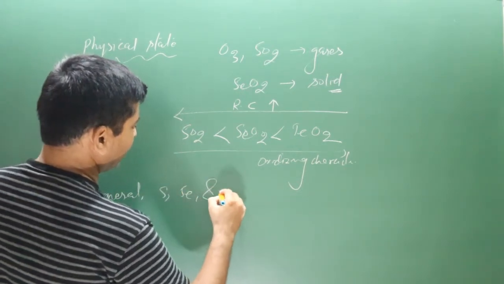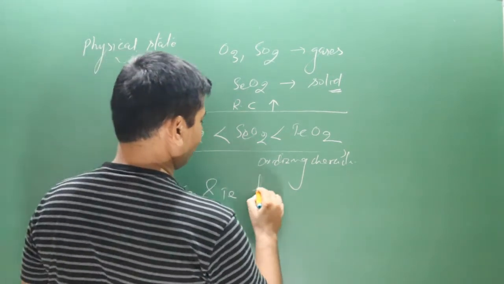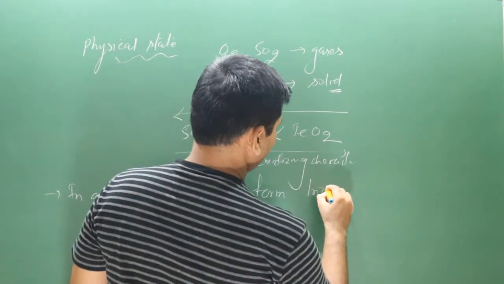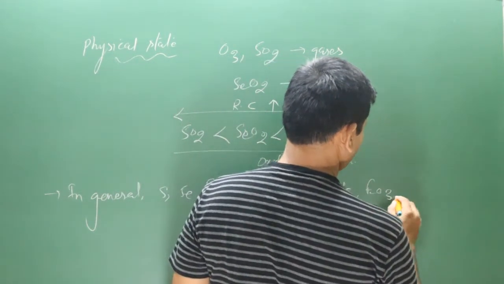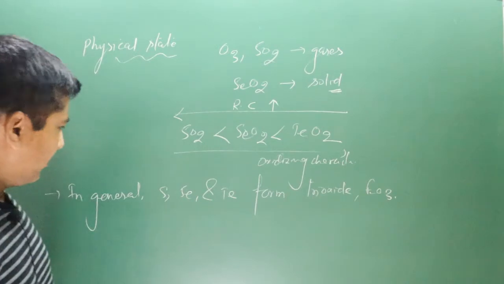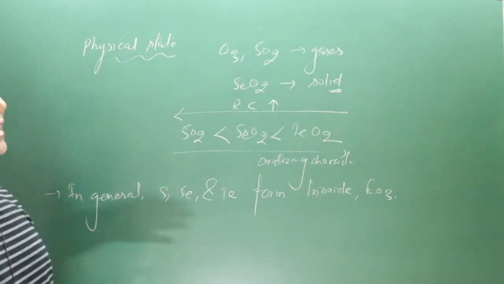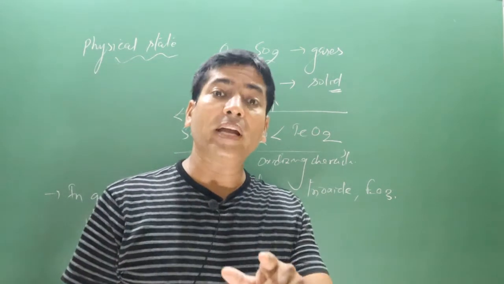In general, sulfur, selenium and tellurium form EO3 type oxides, trioxides. But the tendency to form trioxide decreases down the group due to inert pair effect.